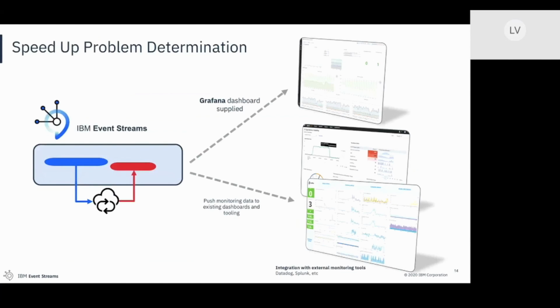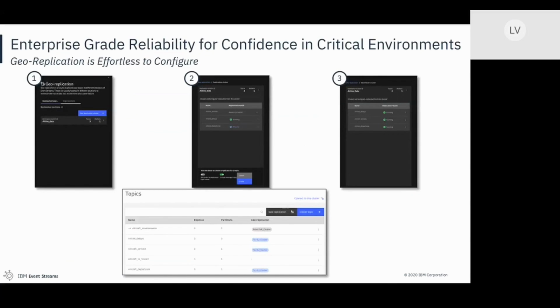You can push the data from IBM Event Streams to your own platform if you want. That's a potential option, and that's easy to do. And as well, to manage high availability and disaster recovery, it's easy if you did an implementation for this.